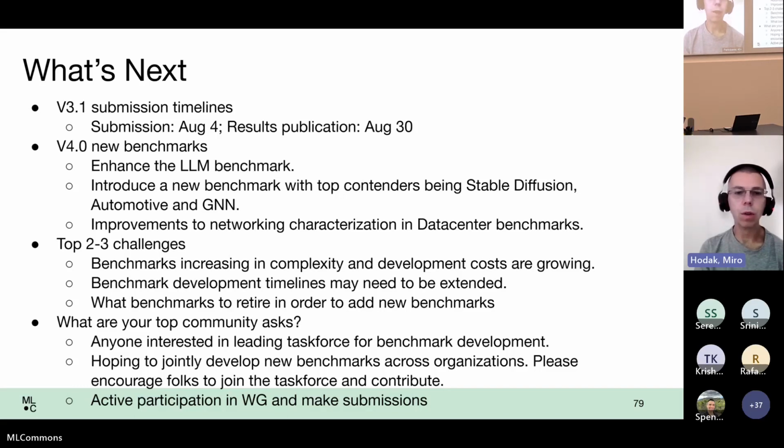We also want to introduce a new benchmark, where our leading contender right now is Stable Diffusion, Automotive, or GNN. We also want to improve networking characterization. What it really means is that right now in our server scenario, we have a load-gen process sending queries to the server.